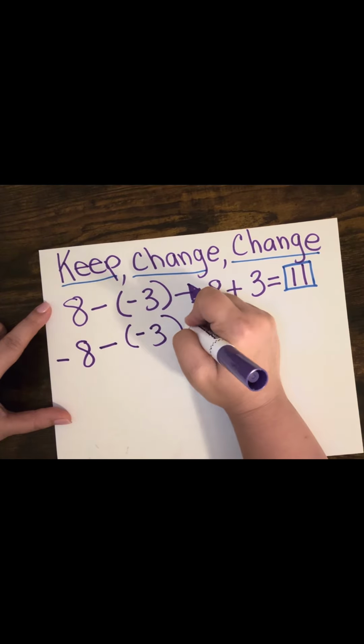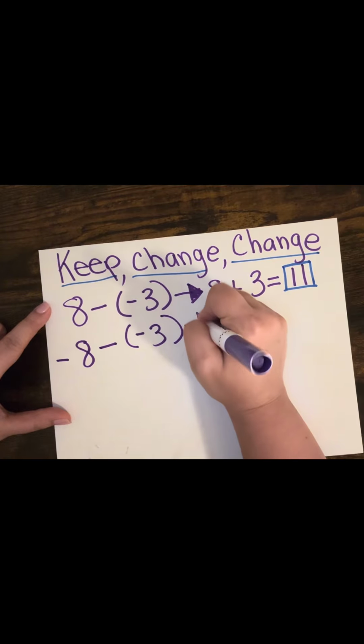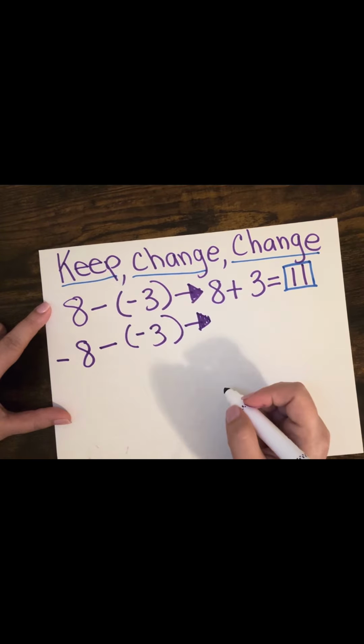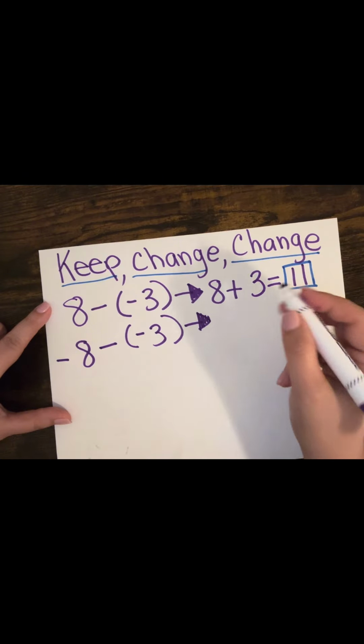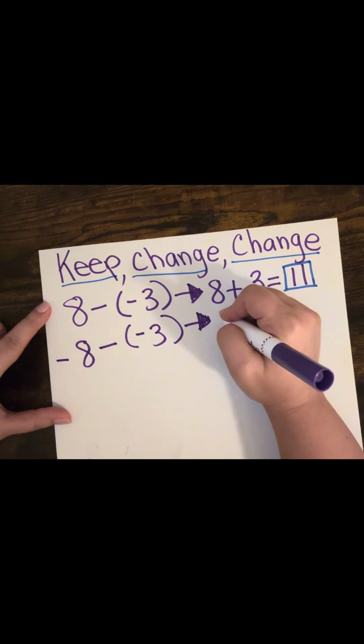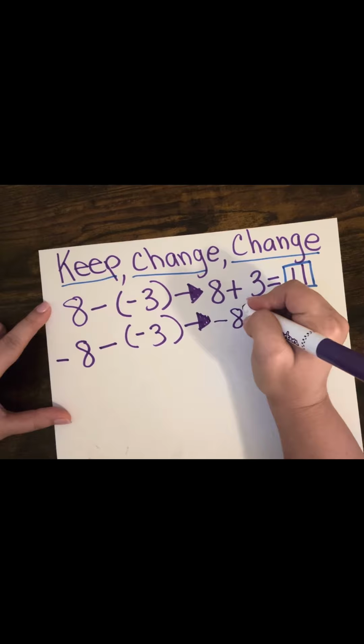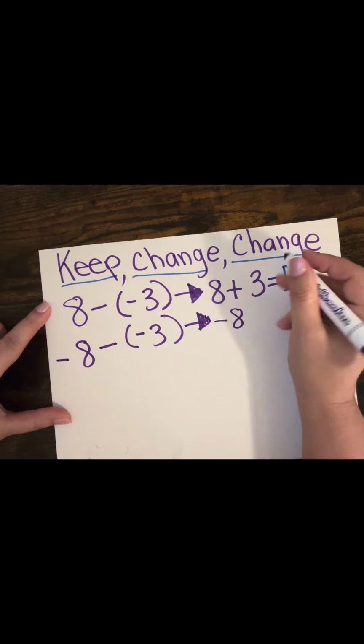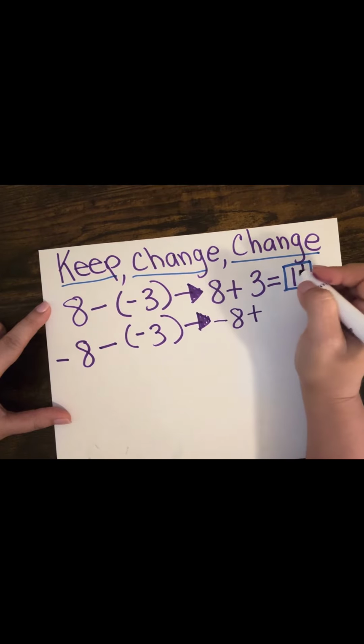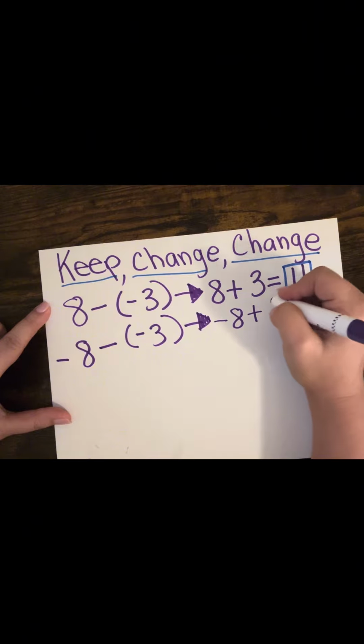We are going to rewrite that problem using the same rule. Keep, change, change. What are we keeping? We're keeping that negative 8. What are we changing? We're changing the subtraction to a plus. And what else are we changing? We are changing the negative 3 to a positive 3.